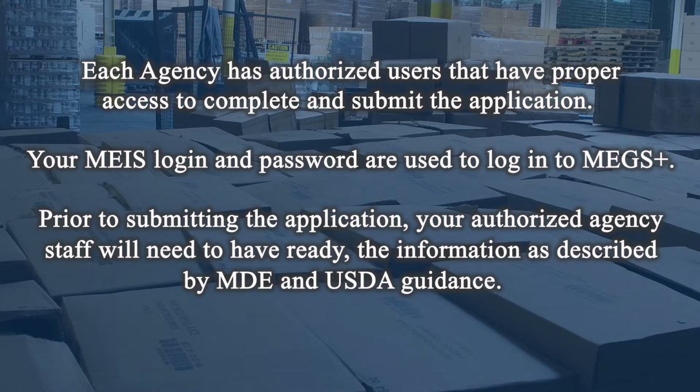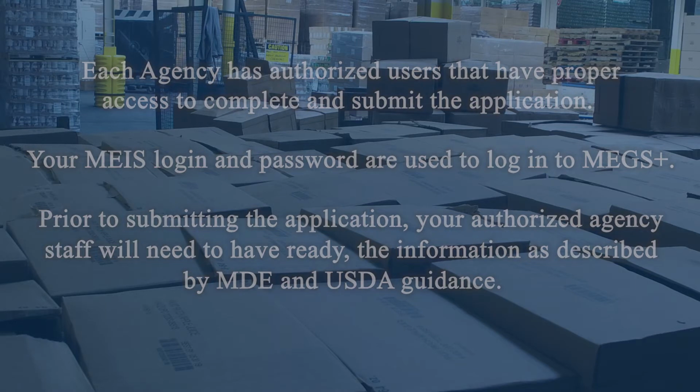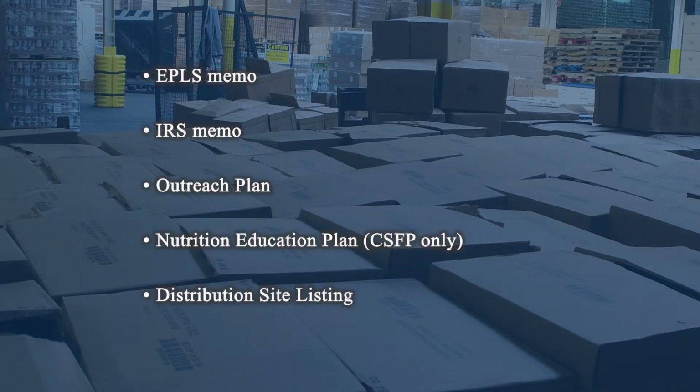Prior to submitting the application, your authorized agency staff will need to have ready the information as described by MDE and USDA guidance: EPLS memo, IRS memo, outreach plan, nutrition education plan for CSFP only, distribution site listing.